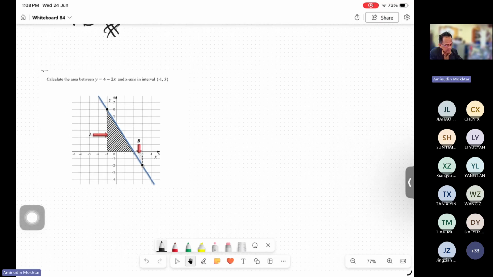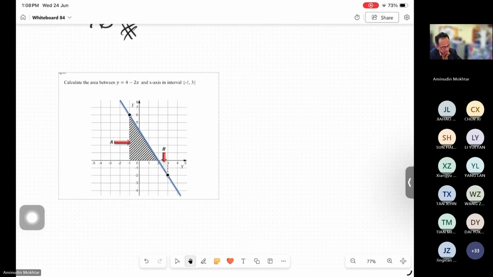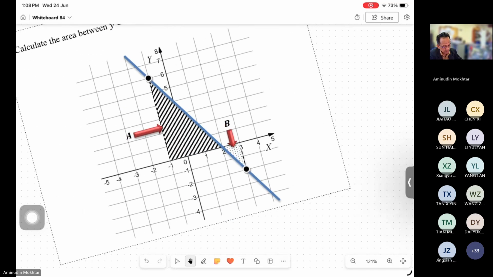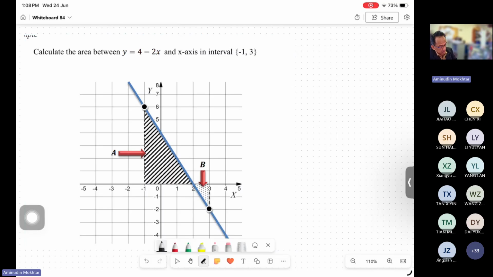Let's see. We have these two functions. Okay, so calculate the area between y equal 4 minus 2x and the x-axis in the interval -1 to 3.